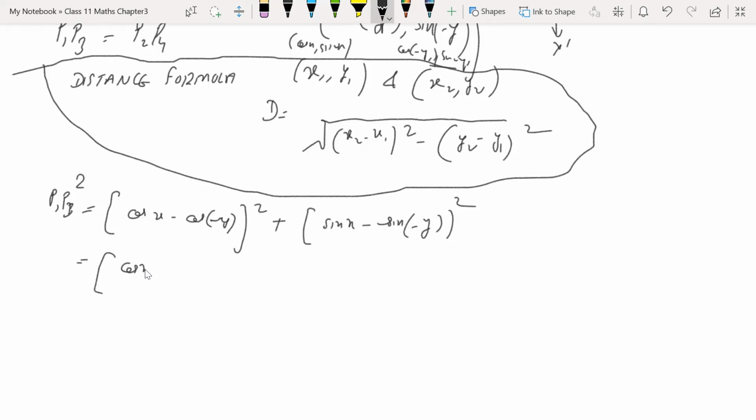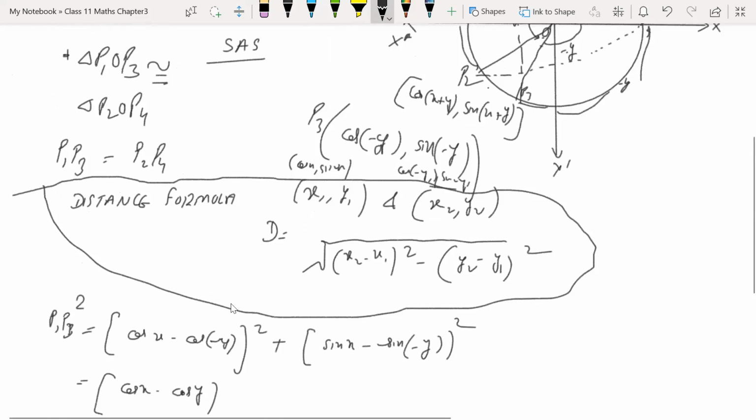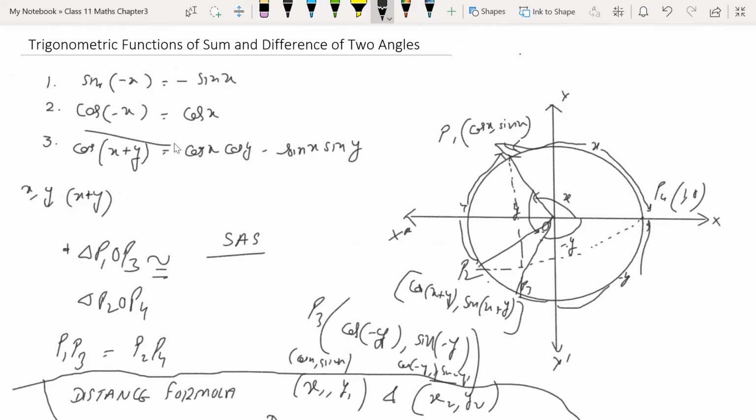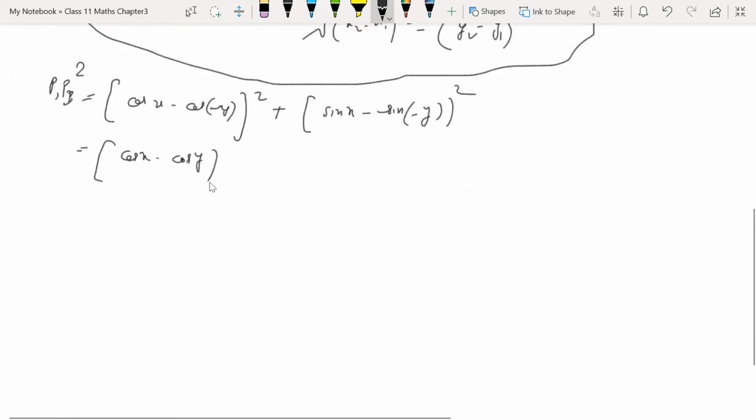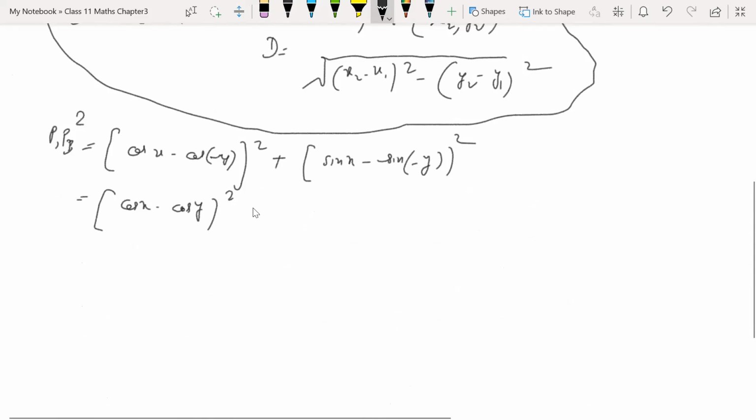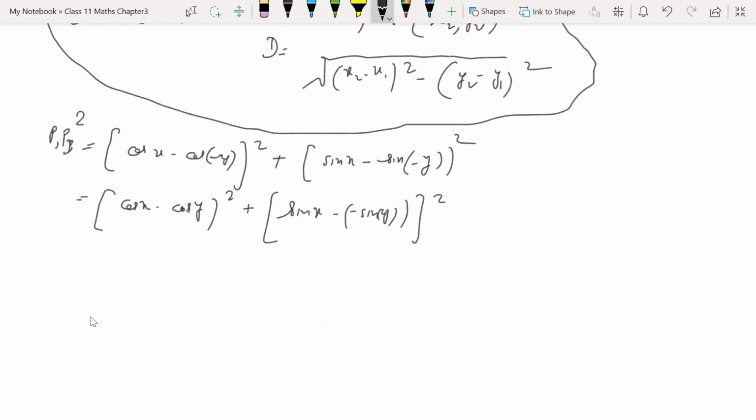As we know, cos minus y is equal to cos y. It is the identity. The second identity shows that sin minus y is minus sin y, according to the first identity.